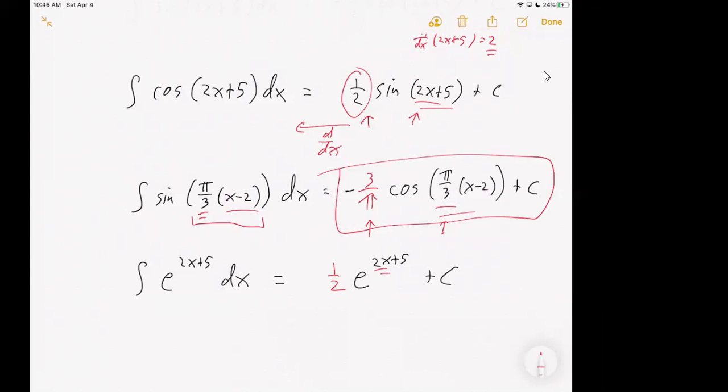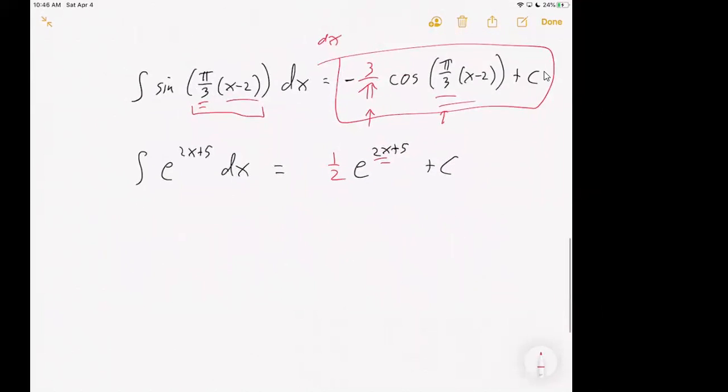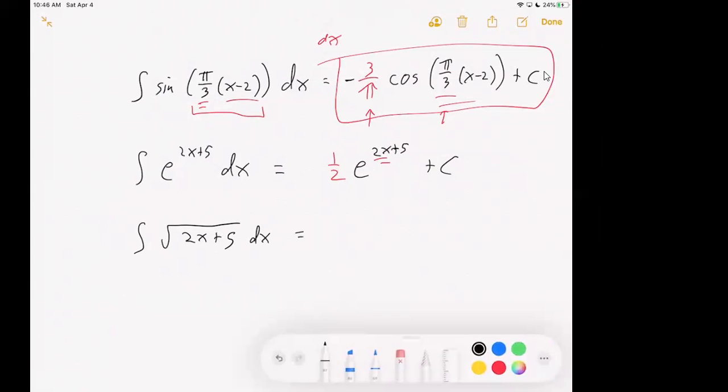Let's do one more, just slightly trickier. The integral of the square root of 2x plus 5 dx. Let's see what you can do with that. Okay, so we're working with a half power.